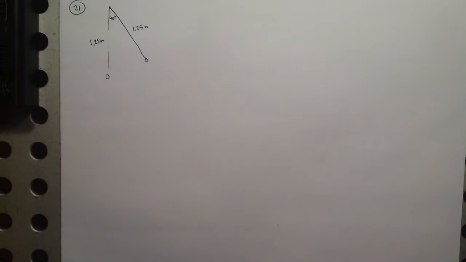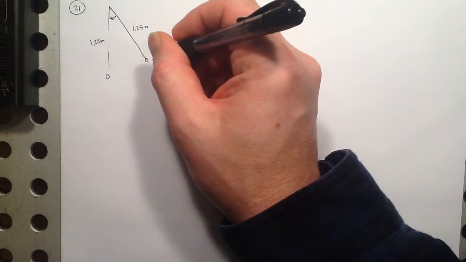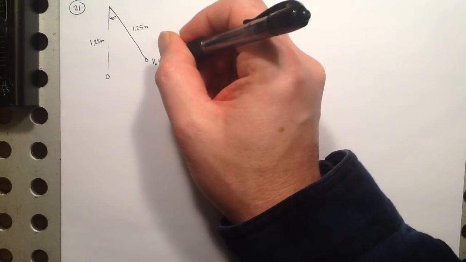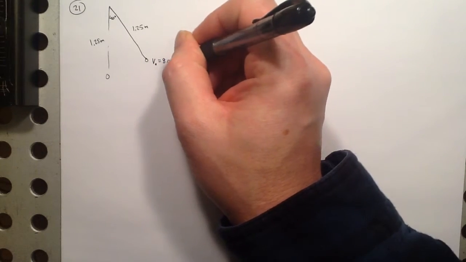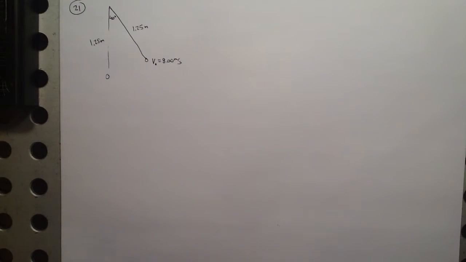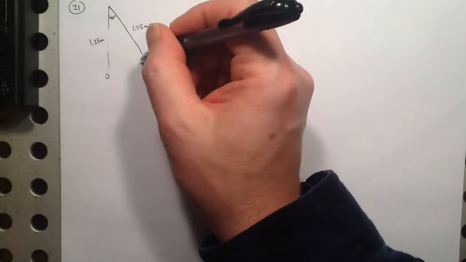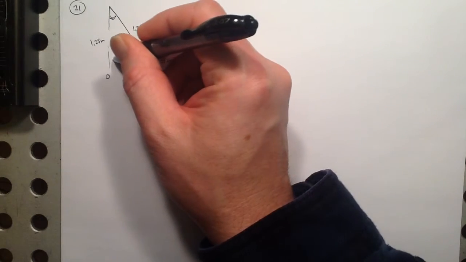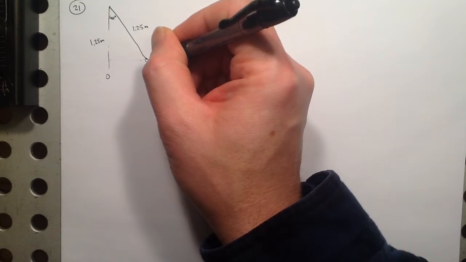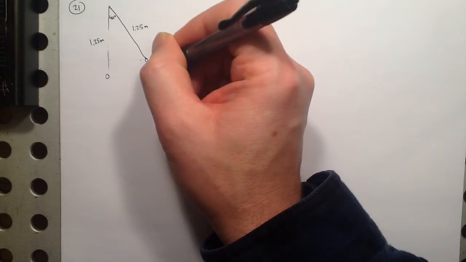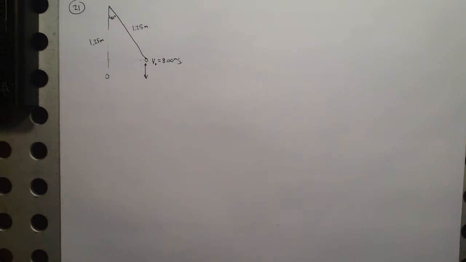What's the speed of the pendulum when it's at its lowest position if v sub 0 is 8 meters per second? So that's an energy conservation problem. We have to do a little bit of trigonometry here to figure out what this change in height is right here. That's going to be important for us, right?